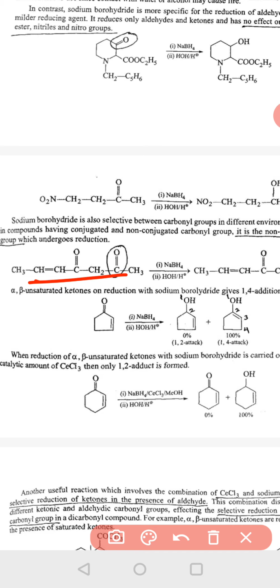This is the reactant which has a conjugated carbonyl group. This carbonyl group is a conjugated carbonyl group. It has this double bond in conjugation, and this one is non-conjugated carbonyl group.